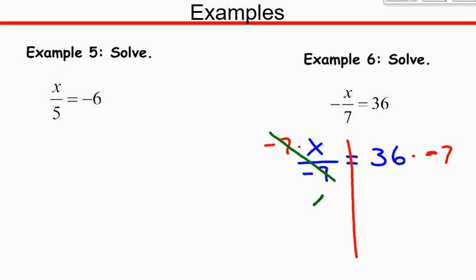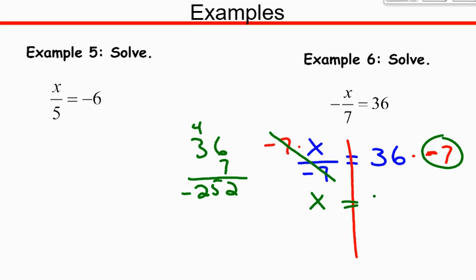That leaves me my x equals 36 times negative 7. I'm going to have to do a little math here. So 6 times 42, that's going to be 252, negative 252, because this number is negative. Final answer. And you could plug that into your equation and find that it is equal to 36 when I divide negative 252 by 7.